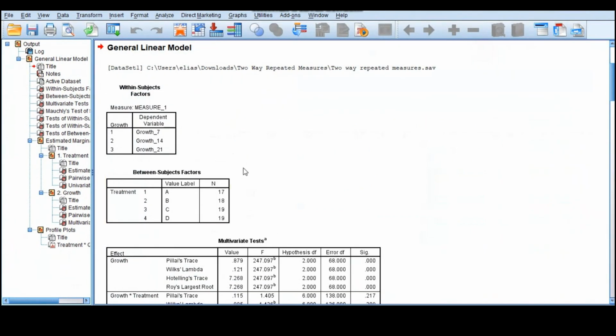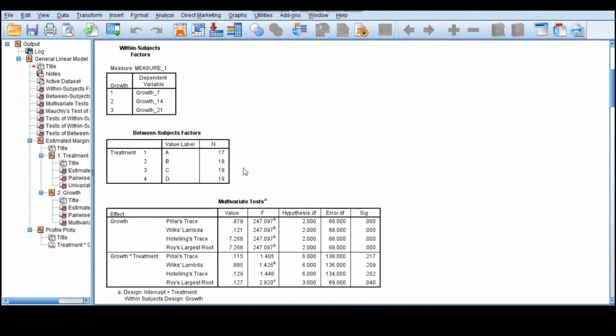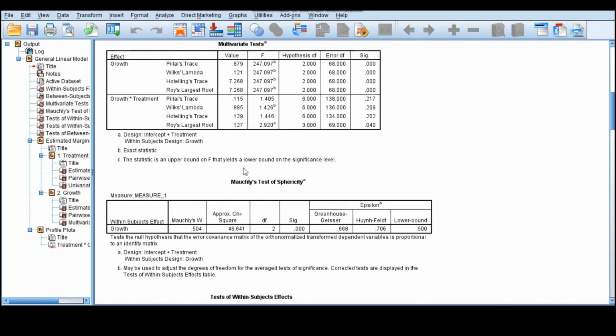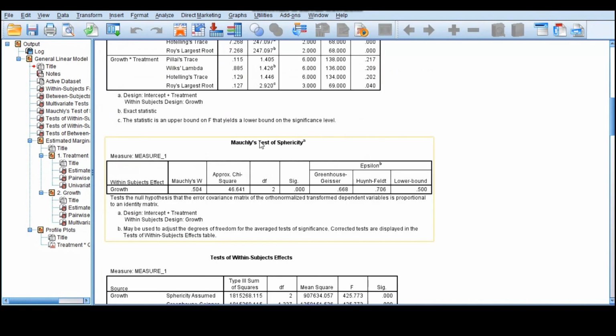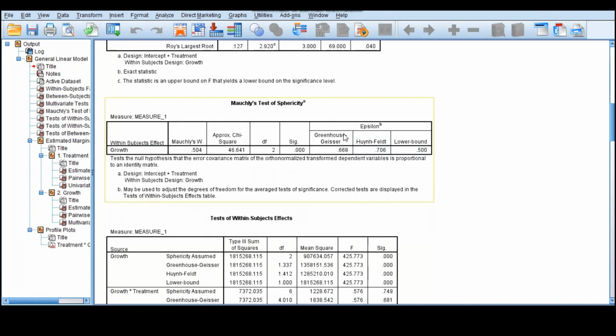So here we have our results. Remember, the first most important table is the sphericity. Sphericity is the substitute of homogeneity in the other ANOVA tests that we usually do. That is one of the assumptions, whereby we expect that the variance be equal across the groups, at growth 7, growth 14, and growth 21.